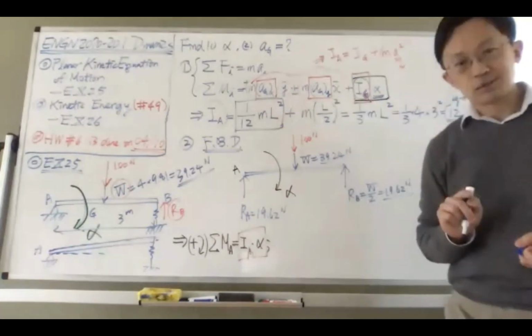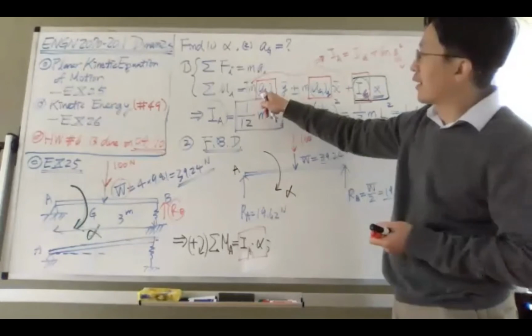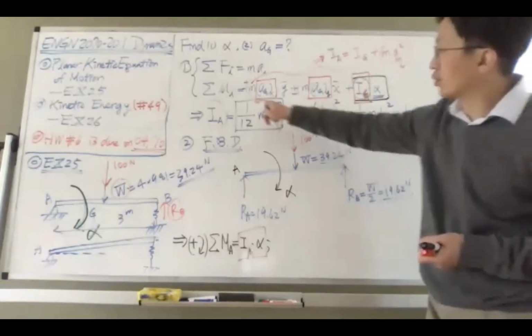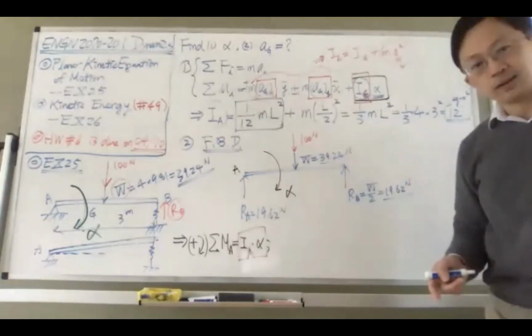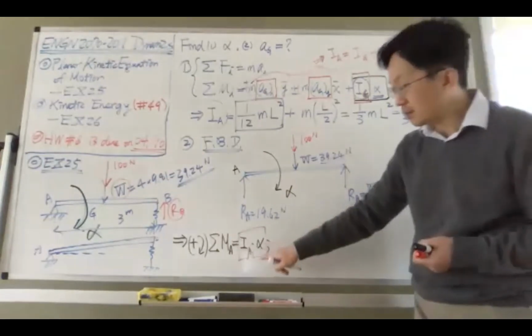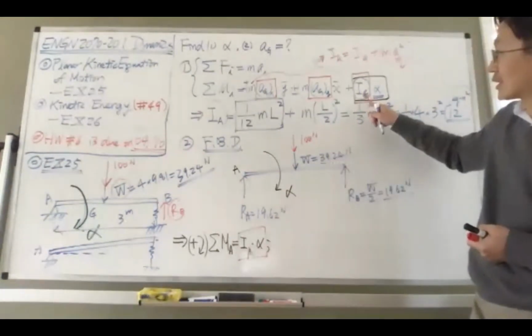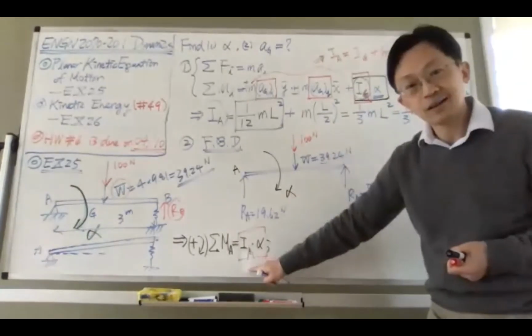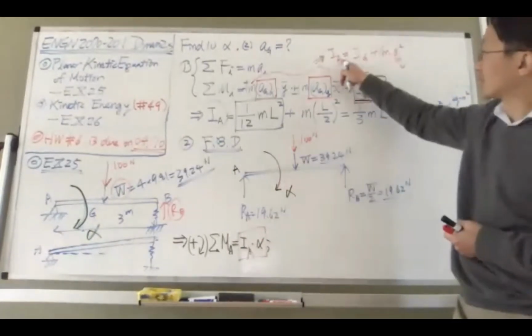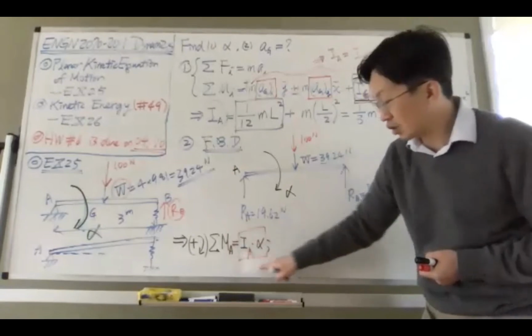So we have 2 approaches. The first one is you have to find out the 3, 1, 2, 3, in order to use this form. Or you find out the mass moment of inertia at the center of rotation, not at the center of gravity. This is IG, but this is IA. Once you move it to the center of rotation, it becomes just one term.